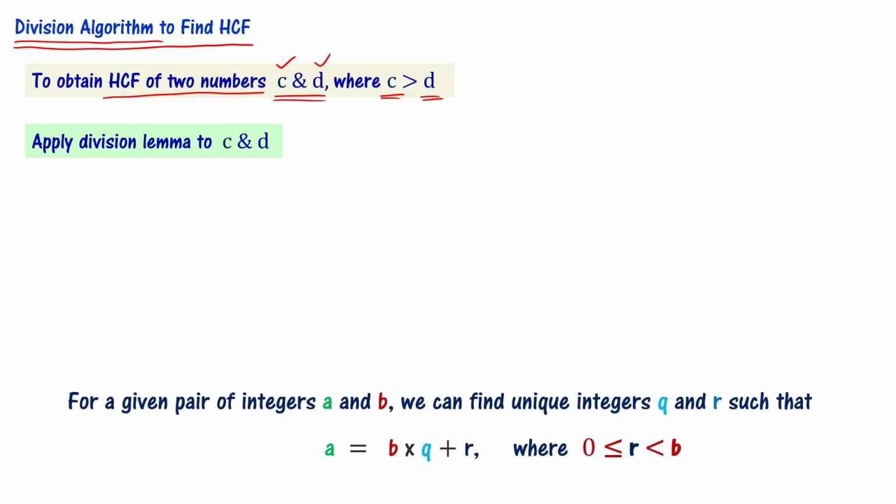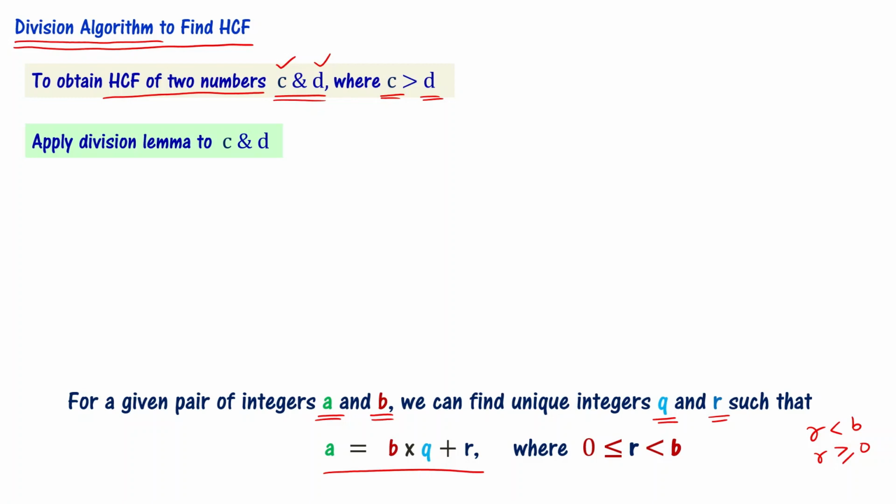The division lemma says that if there are two numbers A and B, we can find two unique integers Q and R such that A can be written as B times Q plus R, where R is less than B, and at the same time R is greater than or equal to 0.